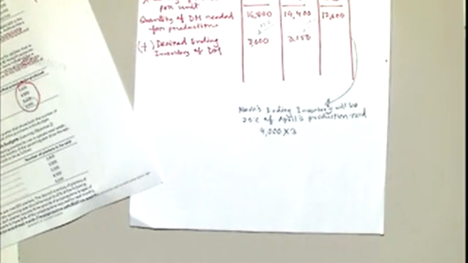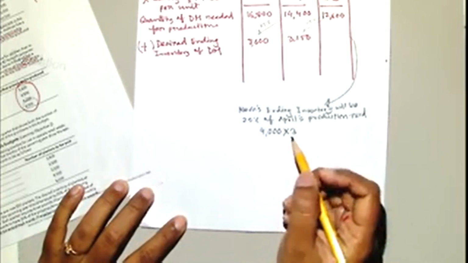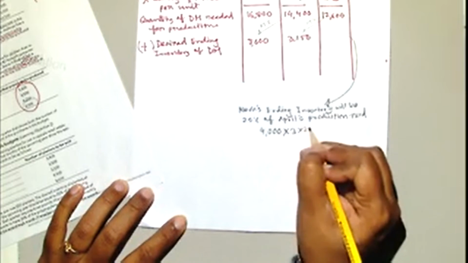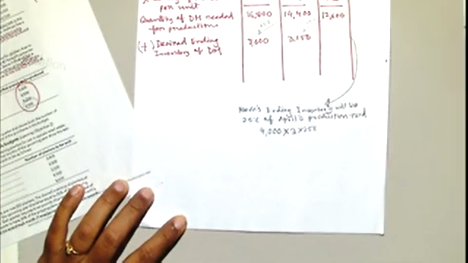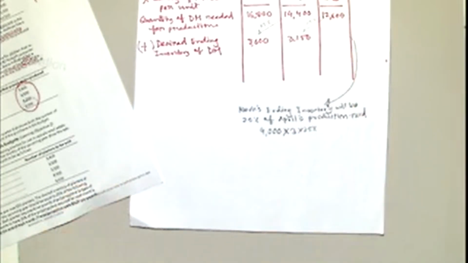So March's ending inventory will be 25% of April's production. If you check the table here, April's production is 4,000 stuffed animals. That's the number of toys they're going to produce. For each toy, they need 3 chips. So that's April's production need. Then take 25% of it, and that should be your March's ending inventory.